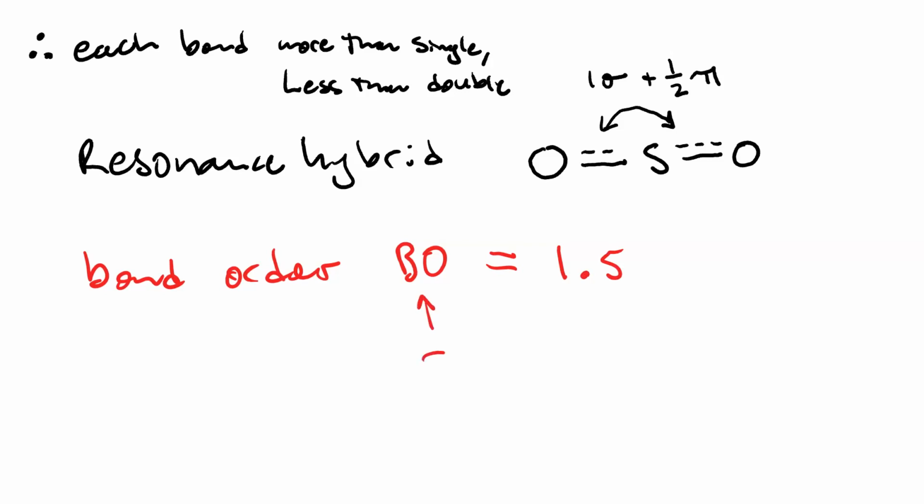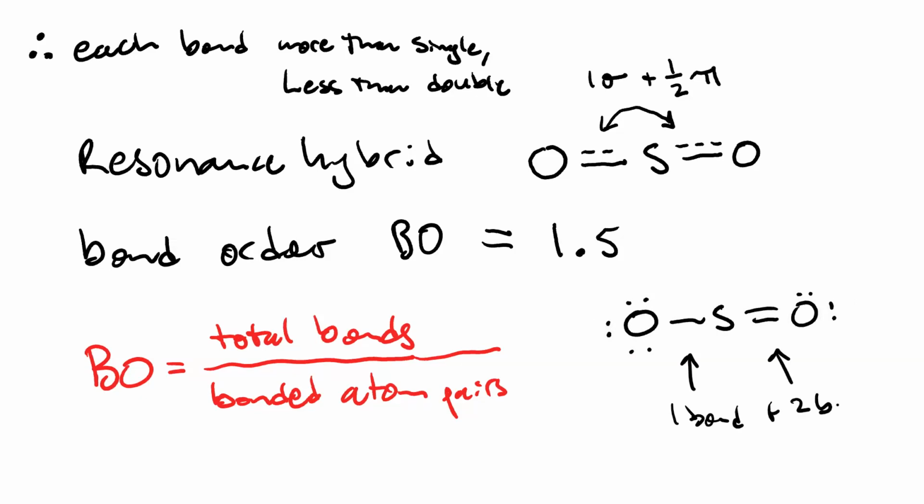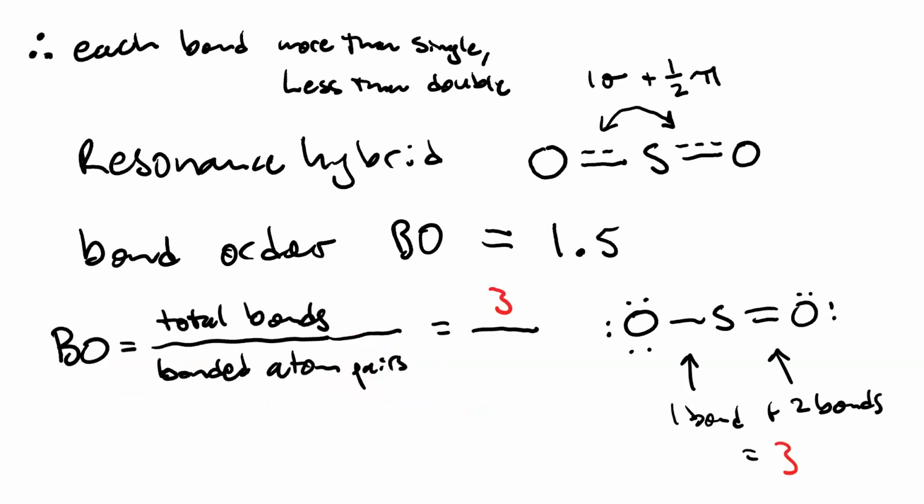How do you calculate bond order? We calculate our bond order by summing up the total number of bonds in the molecule and dividing it by the number of atom pairs that are bonded to each other. From the resonance structure on the right above, we can see that there is one bond plus two bonds. That's three bonds. That's the numerator of our equation. So, in our fraction for bond order, 3 goes in the numerator.